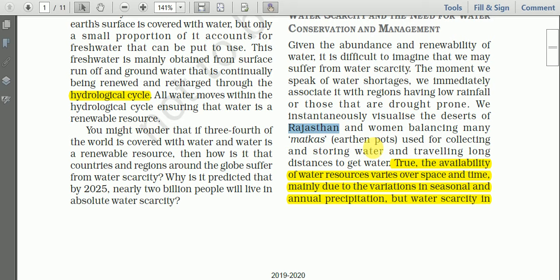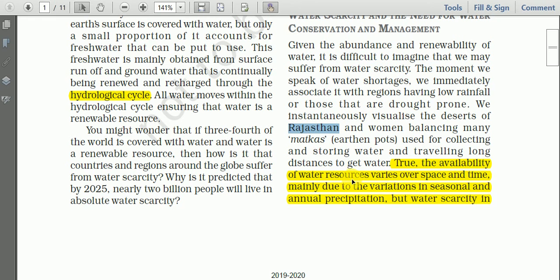In one season we may find a lot of water, for example the monsoon season. Now we are in the monsoon season and we are getting a lot of water. But in the dry season, for example in the winter months of December, January, February, we have less availability of water. So in this way, the availability of water is different from place to place and from time to time.